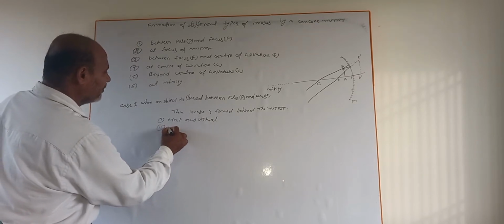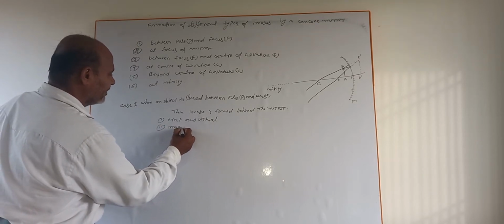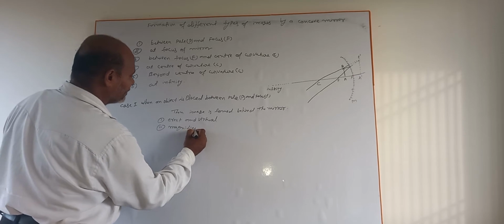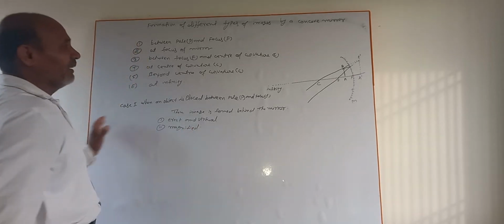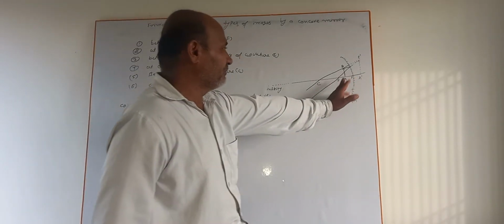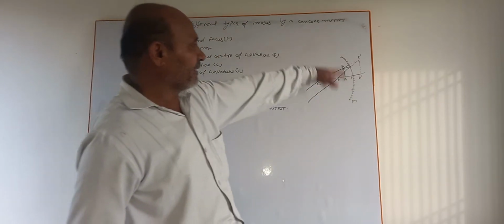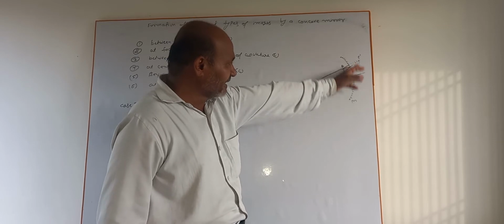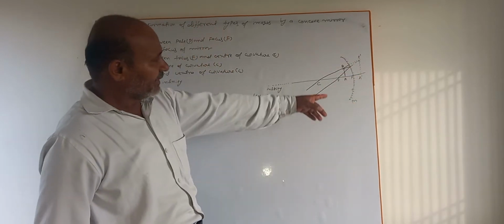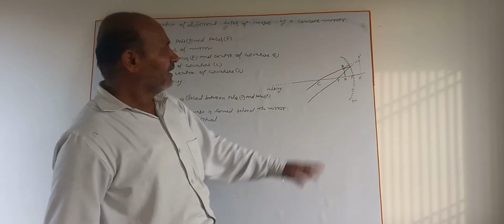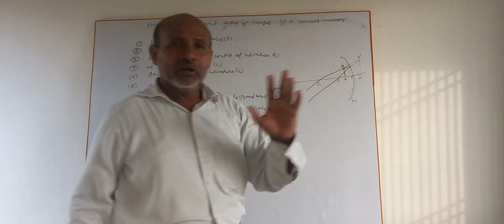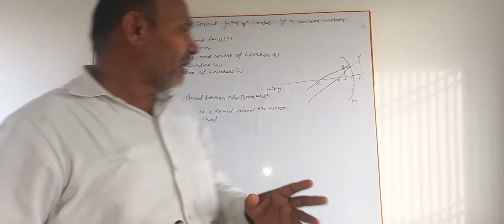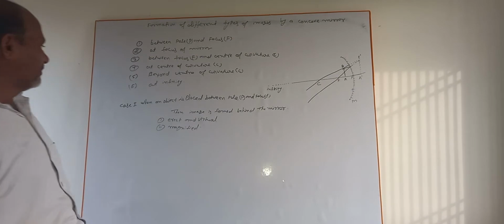Second, magnified. So we can say that when an object is placed between pole and focus of a concave mirror, then the image is formed behind the mirror. This image is erect, virtual and larger than the object.